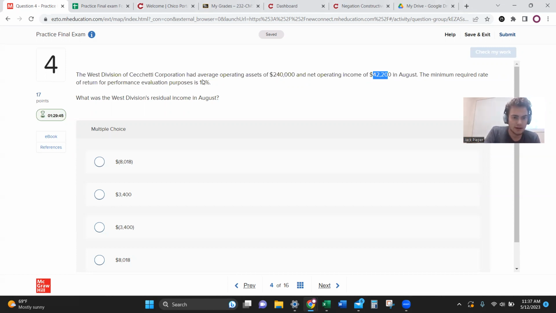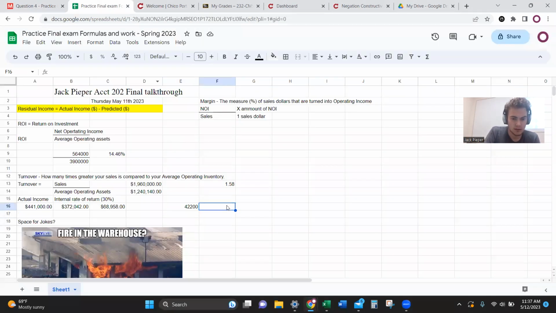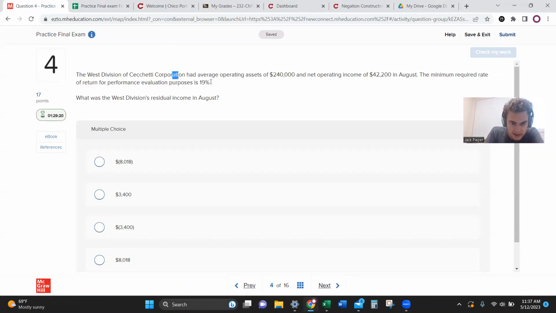And we had a required rate of return for 56. Okay. And so if we do actual minus required, we get a negative number. And so that means that we are $3,400 short of income to get to that desired rate of return of 19%.